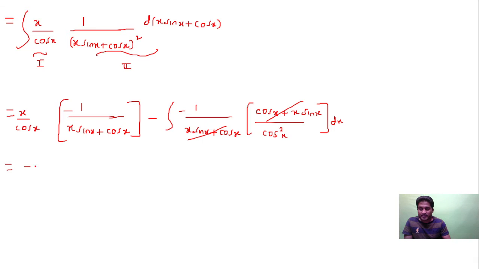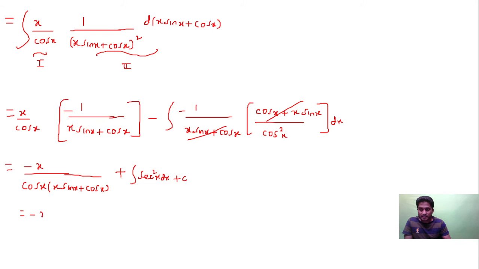Now I get minus x upon cos x into x sin x plus cos x. Minus and minus is plus, 1 by cos is sec, so this becomes integration of sec square dx, and then plus c.